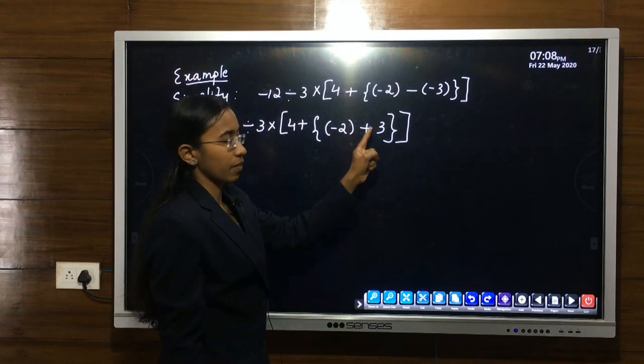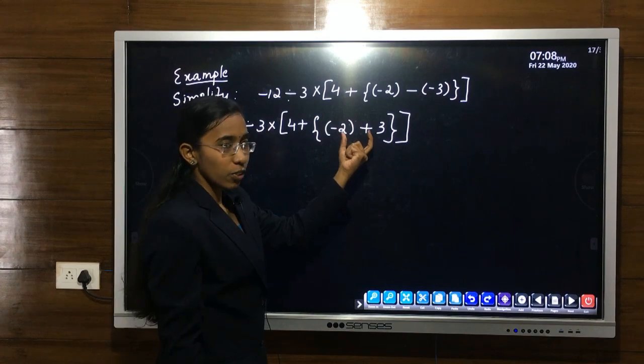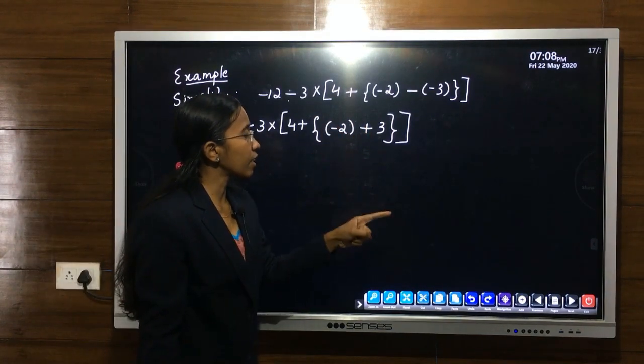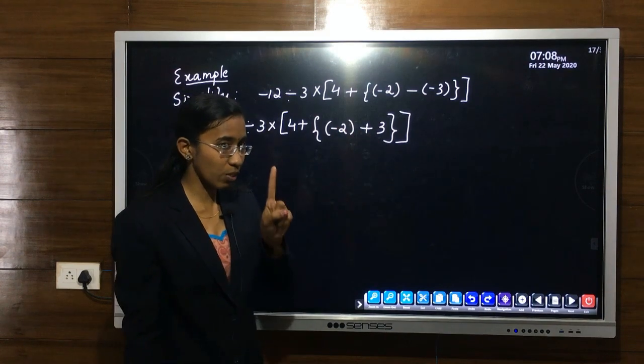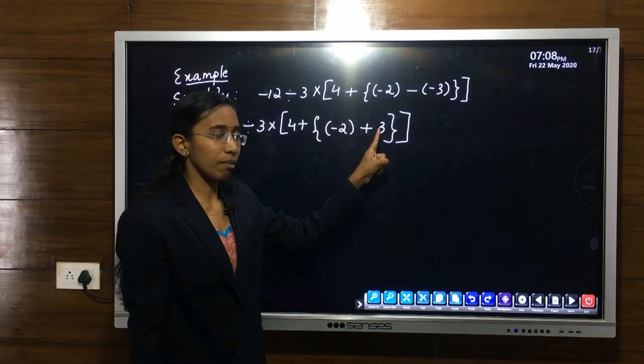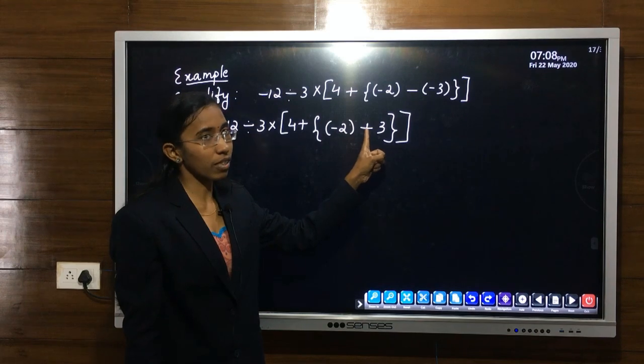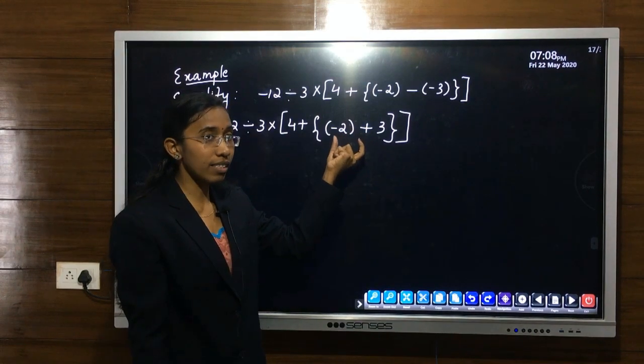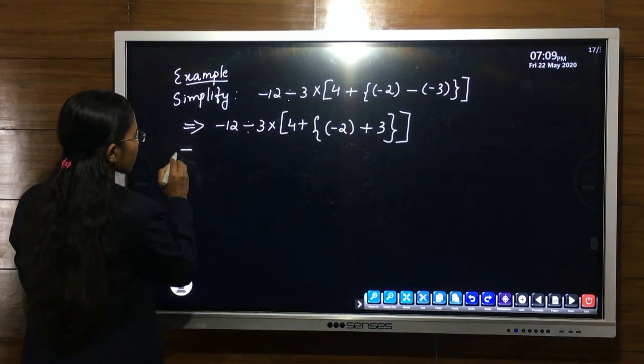One is negative and one is positive. Then find the difference of numbers and put the sign of largest number. What is the difference of 2 and 3? Difference is 1. 3 is the largest number. The sign of 3 is plus only here. So minus 2 plus 3, our answer is plus 1.